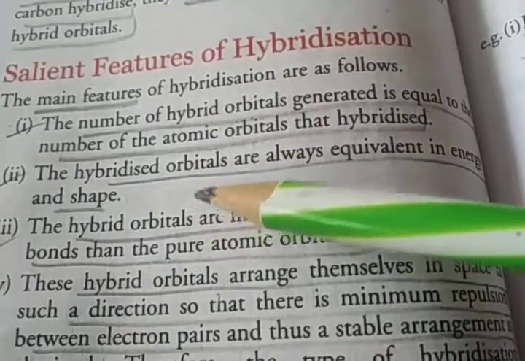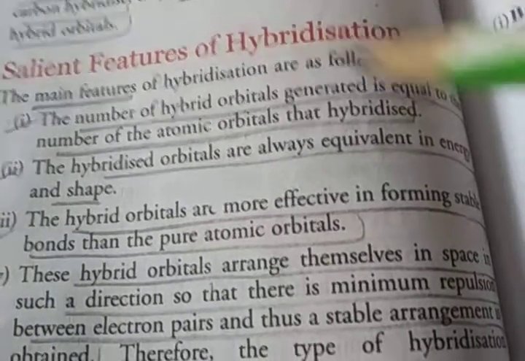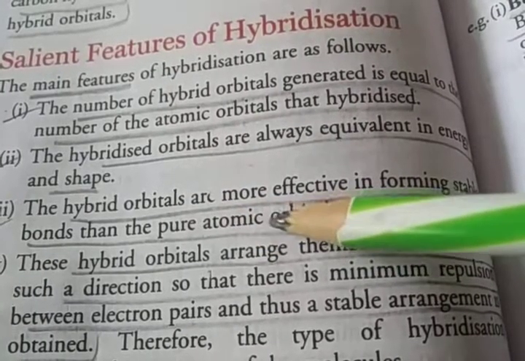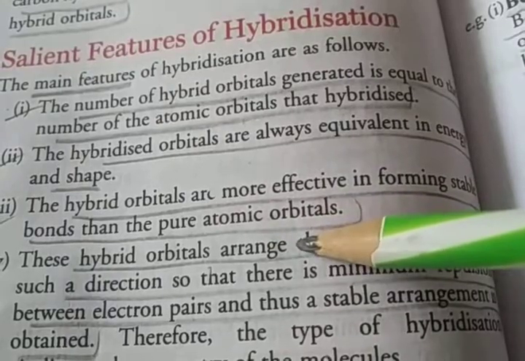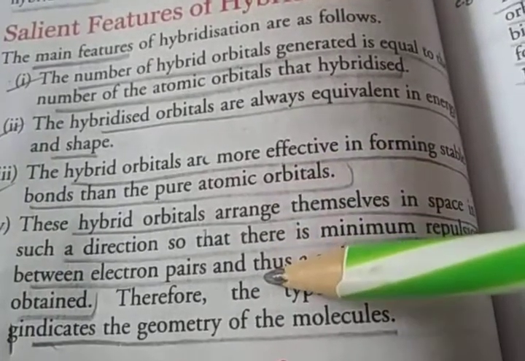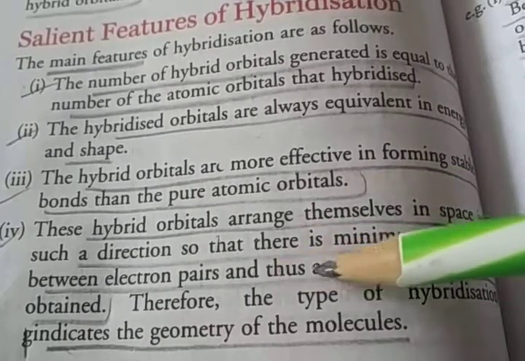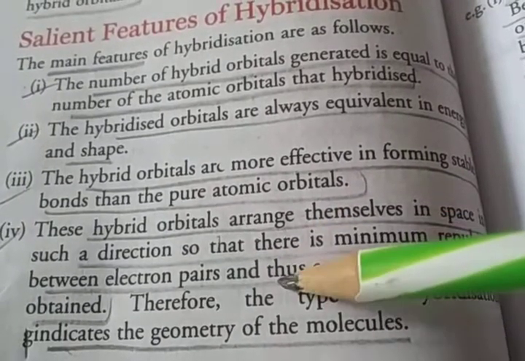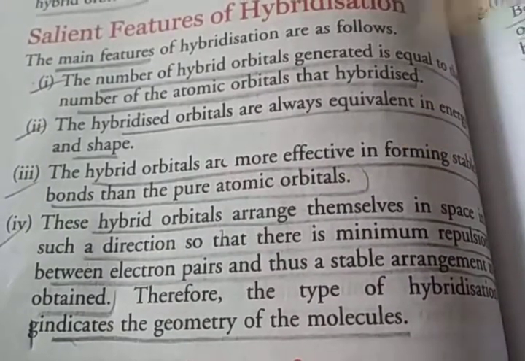Second, hybridized orbitals are always equivalent in energy and shape. Third, hybrid orbitals are more effective in forming bonds than pure atomic orbitals. And fourth, these hybrid orbitals arrange themselves in such a direction that there is minimum repulsion between the electron pairs and a stable arrangement is obtained.